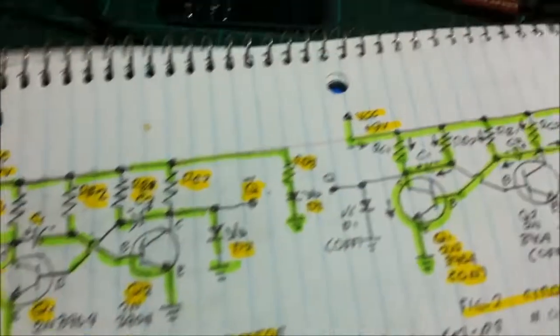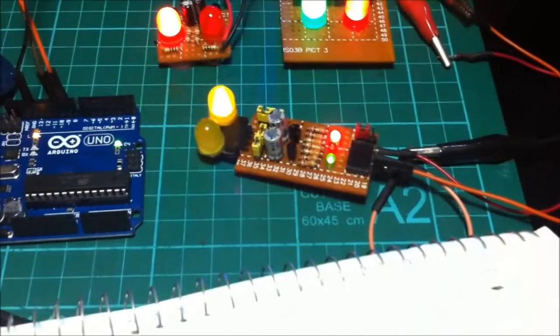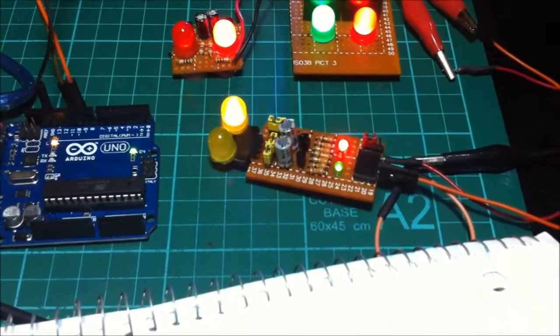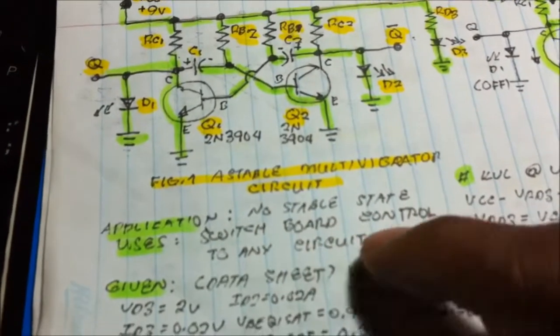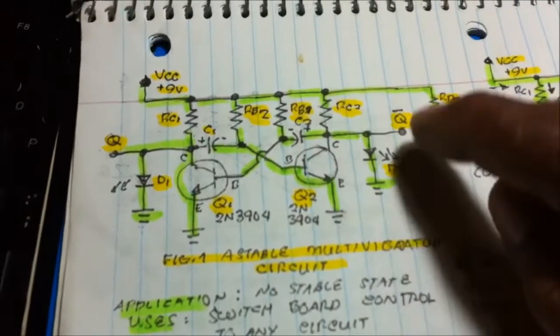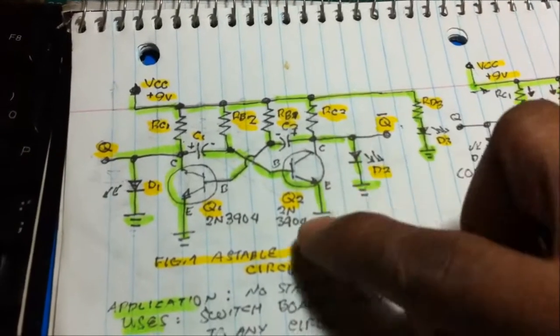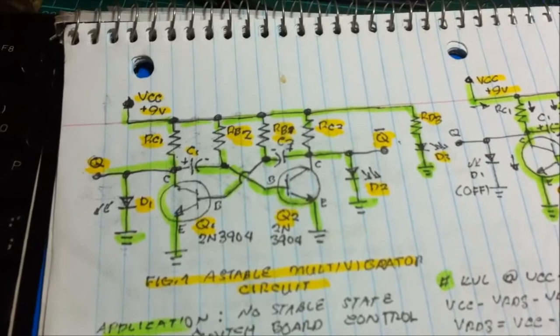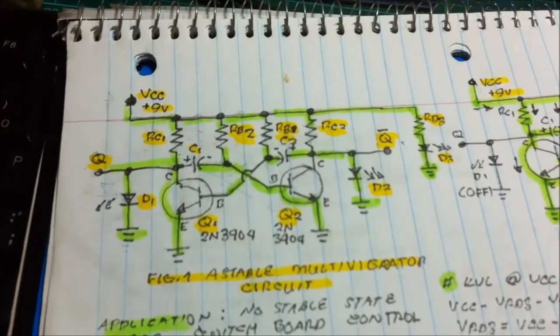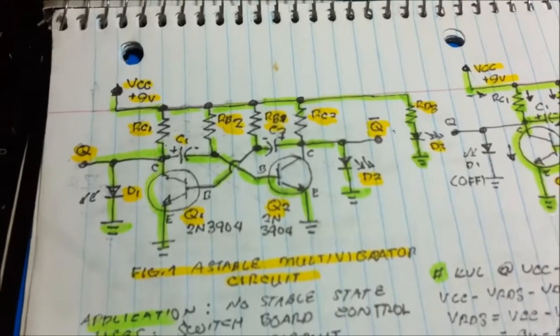I think it's a square wave because of the behavior of the LED. It turns on and off continuously. And the use, this is a switchboard control to any circuit. I designed this as a control system, or as a clock control system for the circuit.